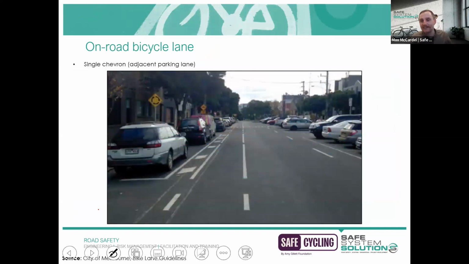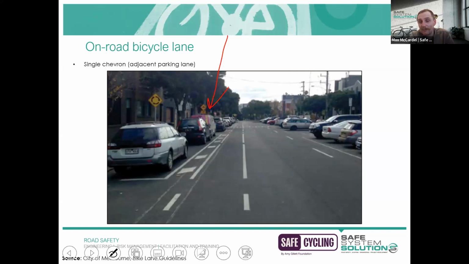You may be getting into spaces where you're even more constrained and you have to think, I can only do a chevron on one side of the bicycle lane, and it can either be on the parking lane side, as is shown here, or the traffic lane side. Now, the way that guidance currently reads and suggests when you would be doing either is if this parking is metered or there are time restrictions, that would infer that you've got a relatively high level of turnover.